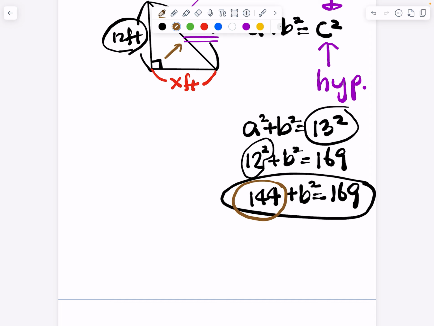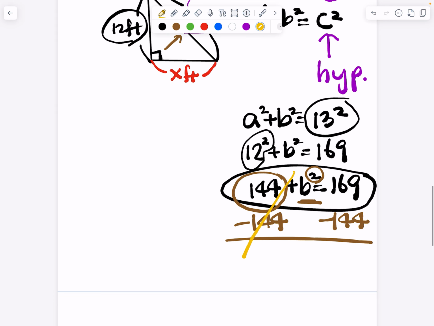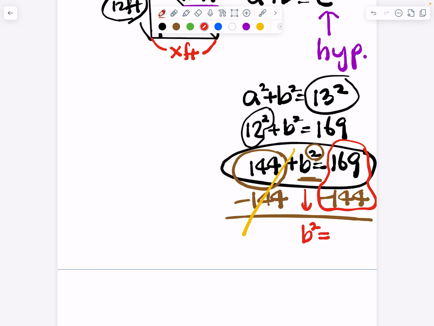You've got to undo that so b squared is all alone, and then afterwards we're going to perform the inverse operation of the square. So you subtract 144 from each side of the equation. That'll take care of these guys, right? And I bring down b squared, I bring down the equal sign, and you do this operation. 169 minus 144 is 25.